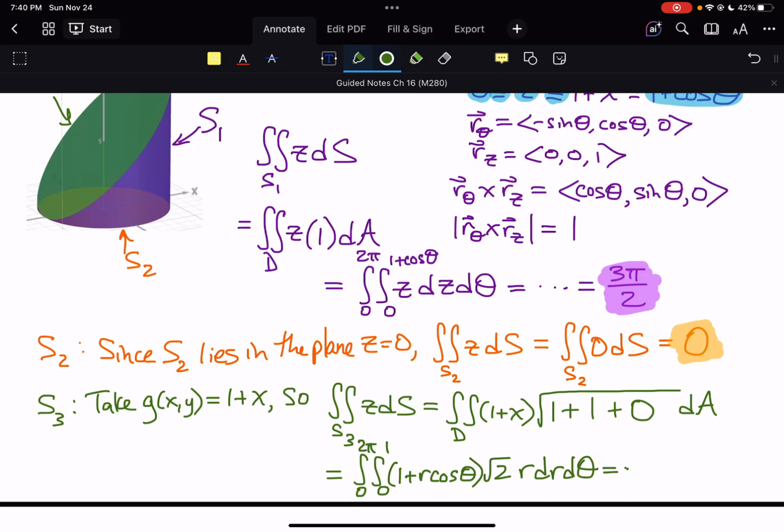And then this is a pretty standard double integral in polar coordinates, so I'll just tell you what this gives us. Oh, sorry, I got my lines mixed up. This one is just pi times rad 2. So the rad 2 can come out to the front, and then the rest of the double integral just ends up giving you pi.